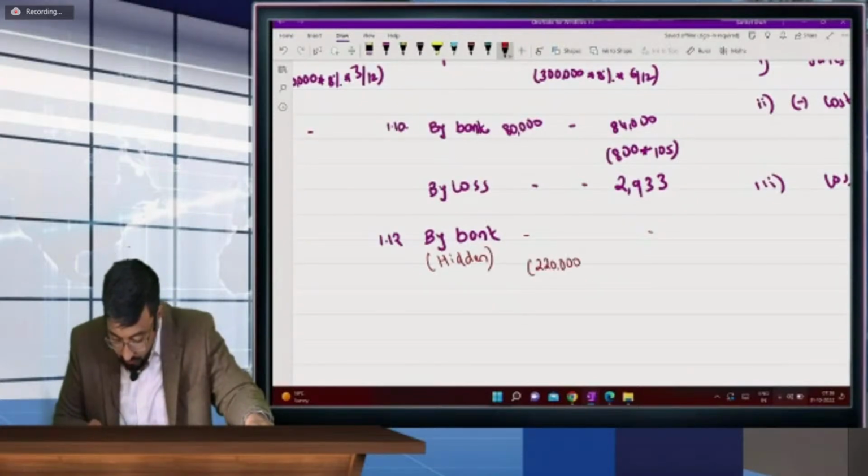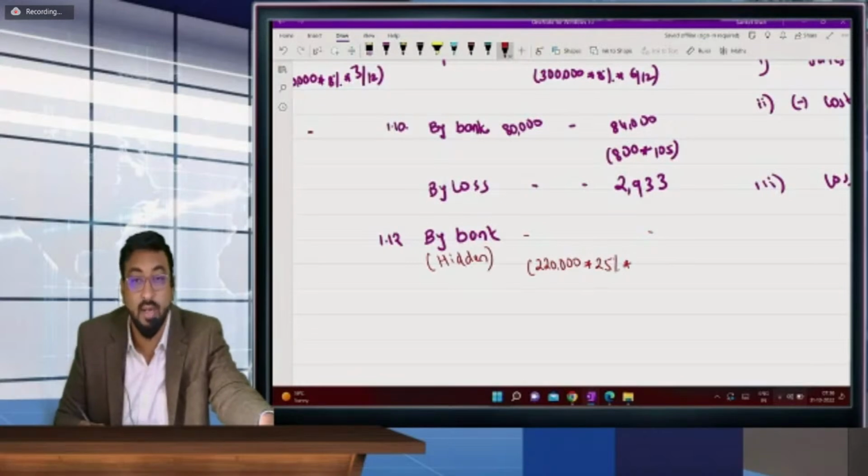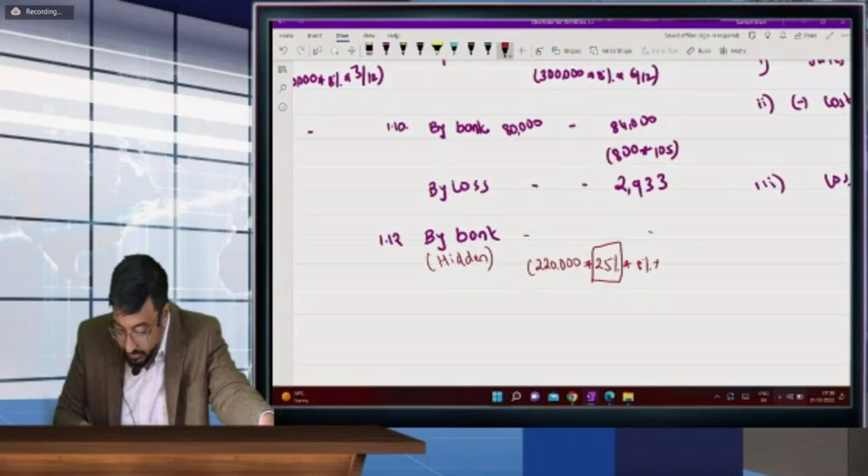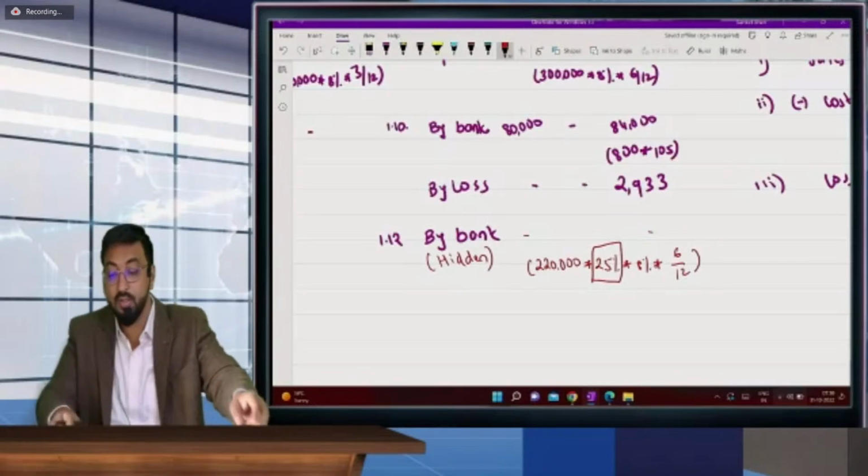2,20,000 into 25% are only getting converted now because 75% you are continuing. So into 25% into 8% into 6/12. Now you got this concept.